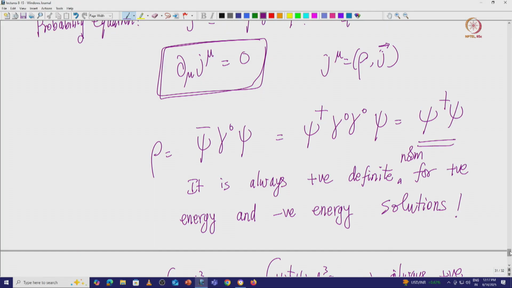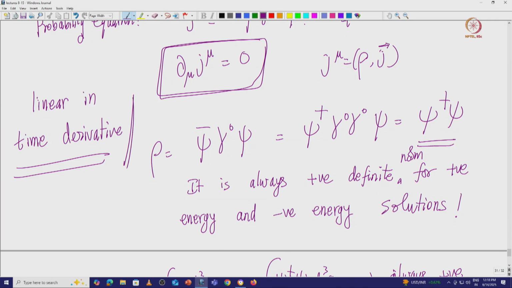So del mu J mu, if you look at the difference between the current equation of the Klein-Gordon field and the current equation of the Dirac field, you see that there are no double derivatives of the probability density. It is always a linear, single derivative, so the probability density is always positive definite essentially.